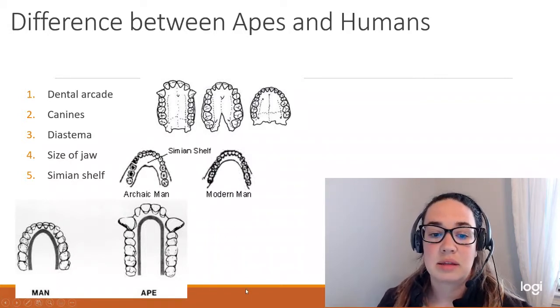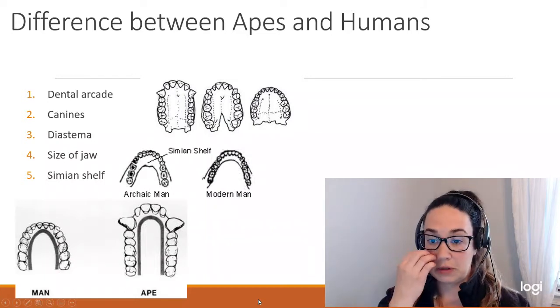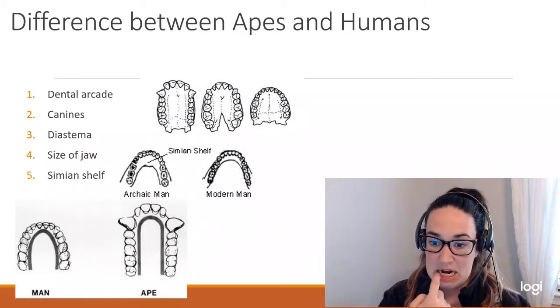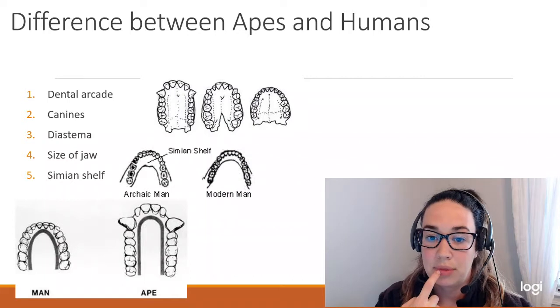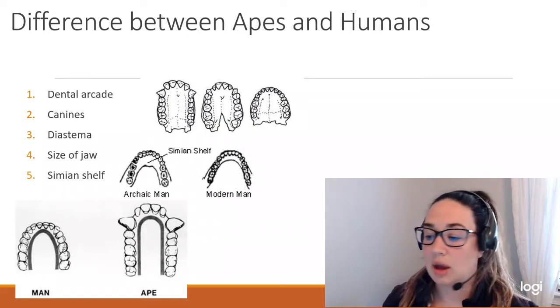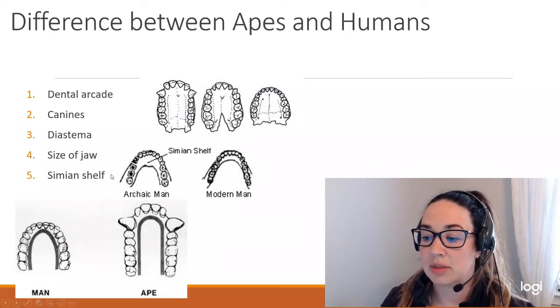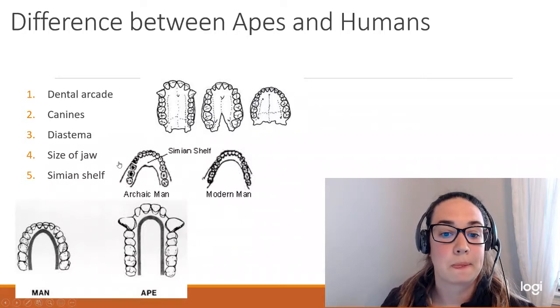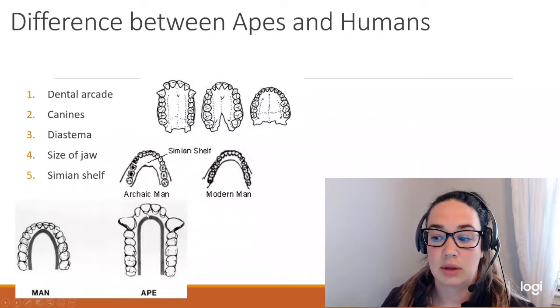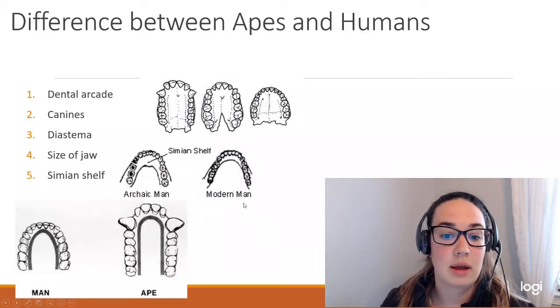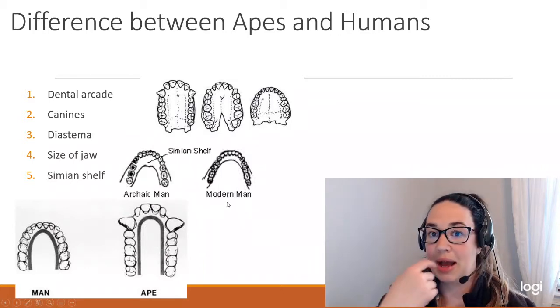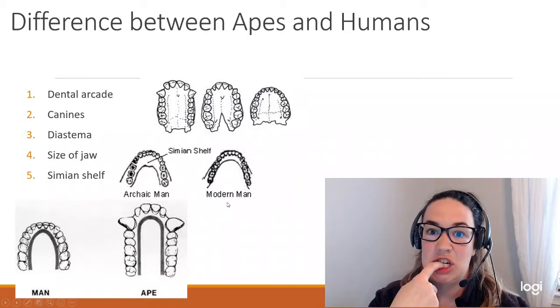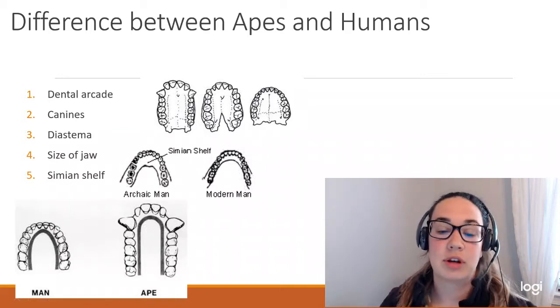And then lastly here we have the simian shelf. The simian shelf is located along the bottom of the mouth, of the jaw here. And you can see in this particular image that I'm circling here, the simian shelf is this area right here, behind your lower incisor teeth, right underneath your tongue.